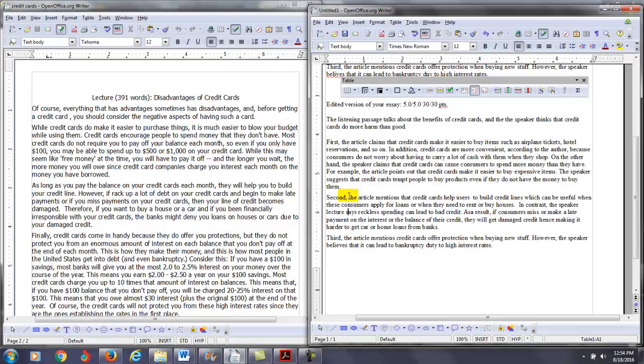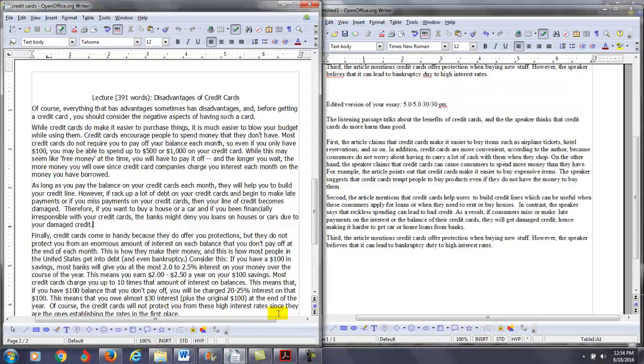In contrast, the speaker says that reckless spending can lead to bad credit. As a result, if consumers miss or make, maybe put here, late payments on the interest or balance of their credit cards, they will get damaged credit. Then maybe put a comma here, hence making it harder to get car or home loans from banks. There. So we have developed this point, I think, sufficiently.